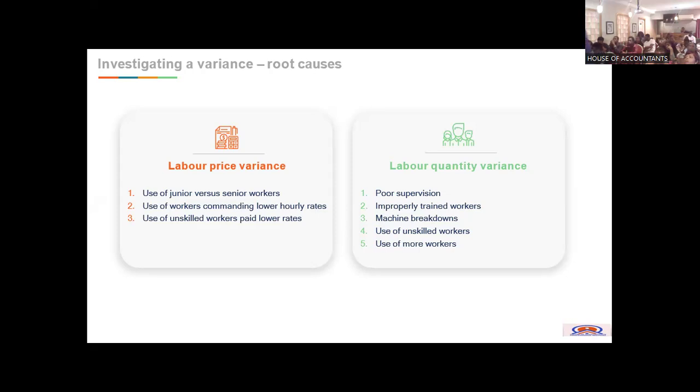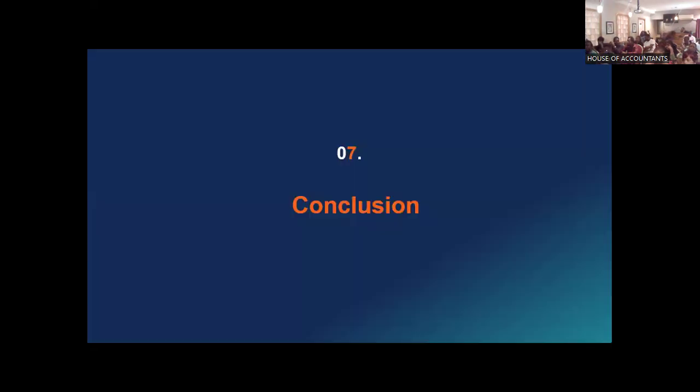Machine breakdowns can cause the variance. Use of unskilled workers can cause the variance. Use of more workers: if you plan to use 50, you are using 100. It also costs because you pay more. These are the things that can cause the variance. We will see more next week.